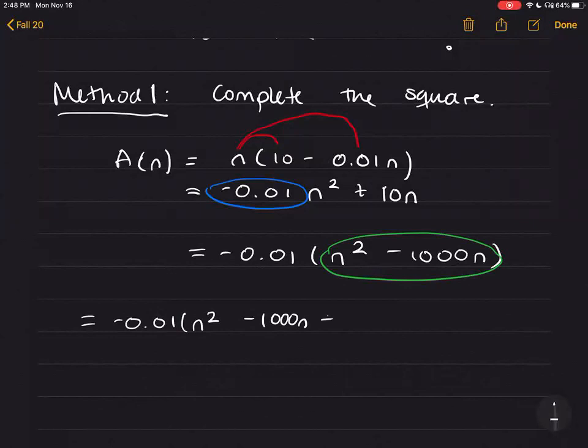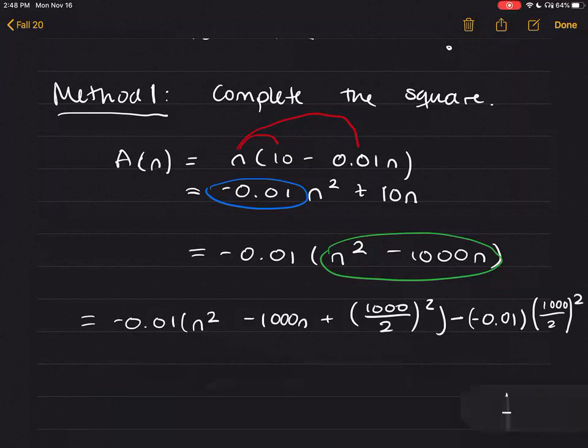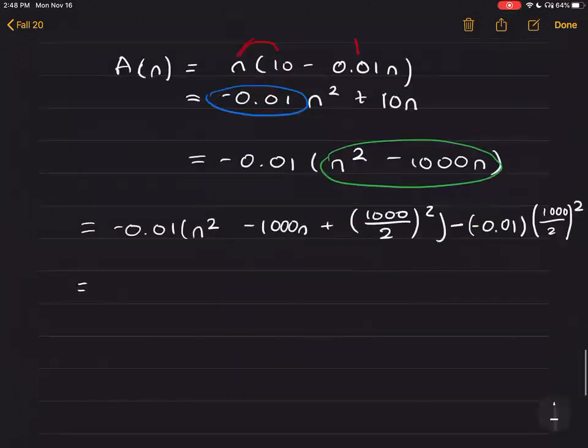So we're going to do plus, and then negative 1,000, negative 1,000 is just 1,000 over 2 squared. And then the front number, so negative minus negative 0.01 times 1,000 over 2 squared. All right, and now it's just simplifying from here.